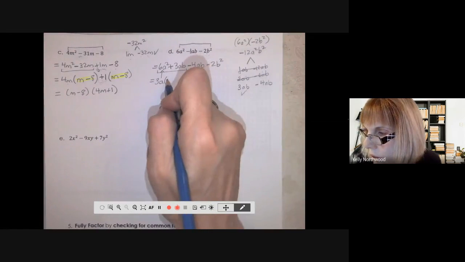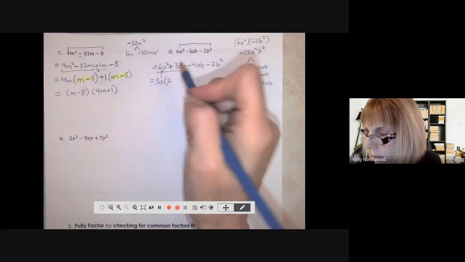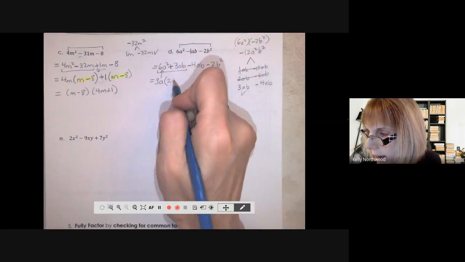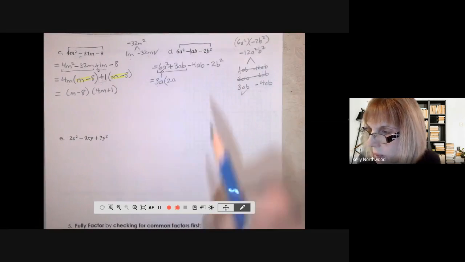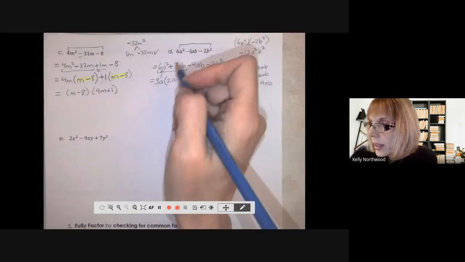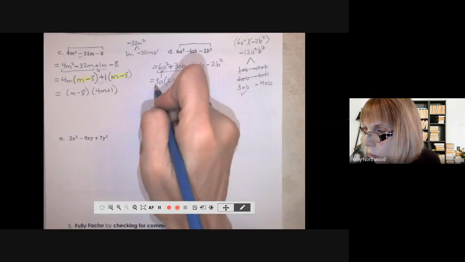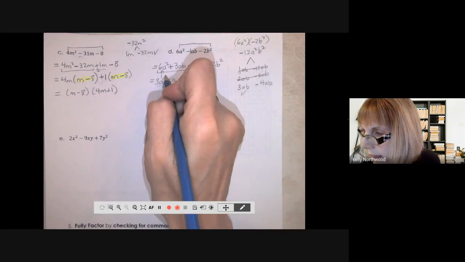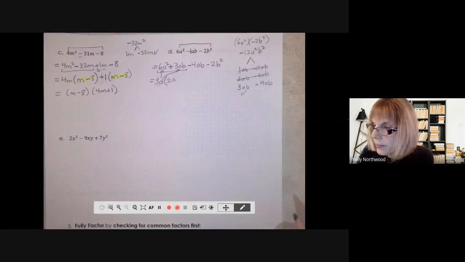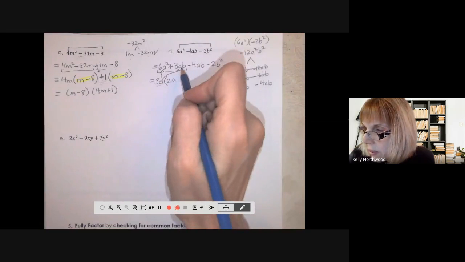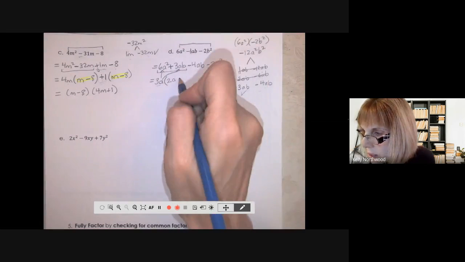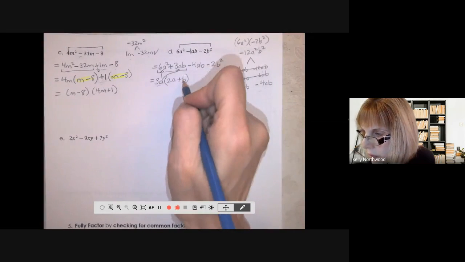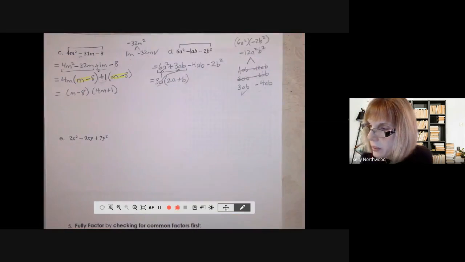So that would be 2a, because 3 times 2 is 6, and a times a is a squared. And then, what do you multiply 3a by to get 3ab? Well, you already have the 3a, so it's just b that you would multiply by. So 3a times b is 3ab.